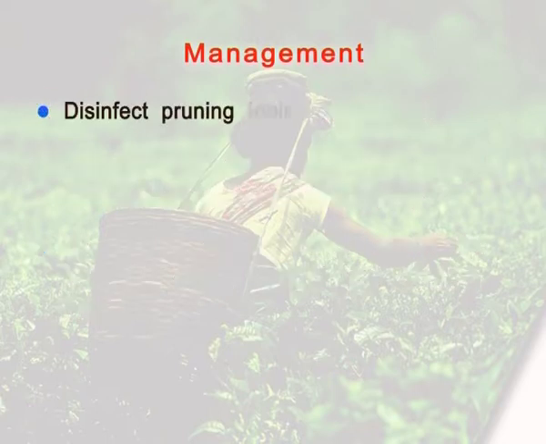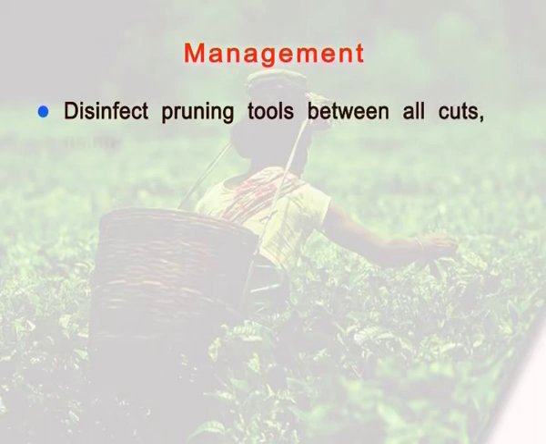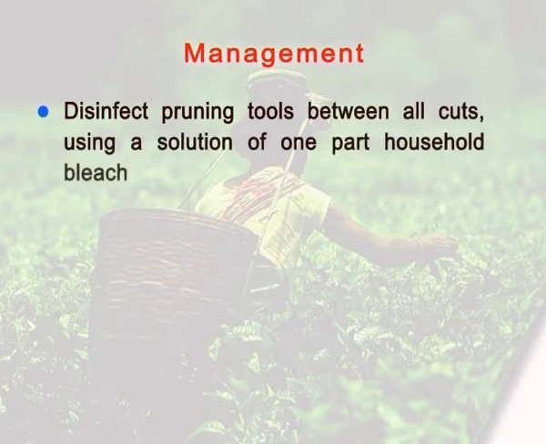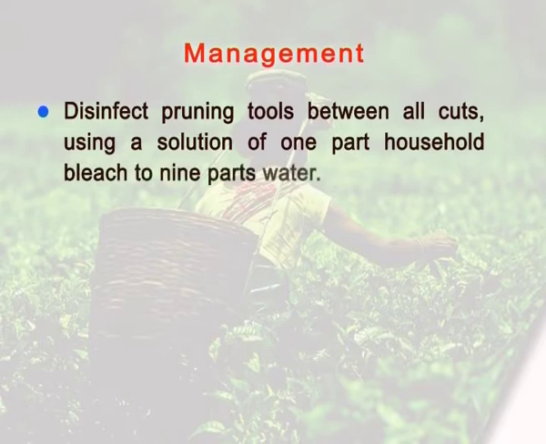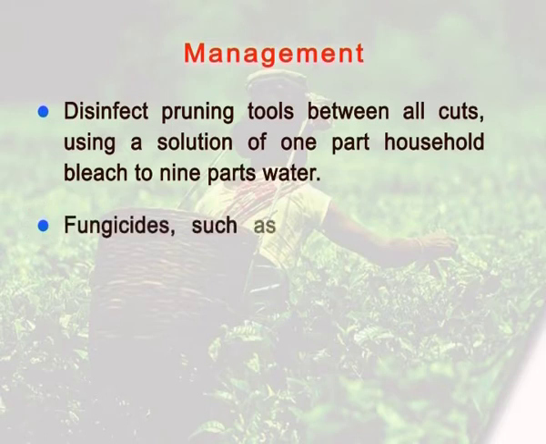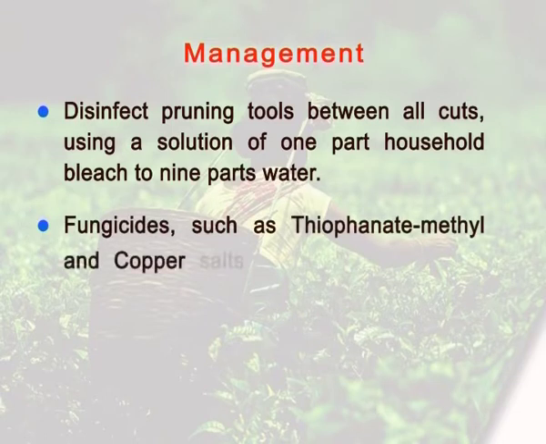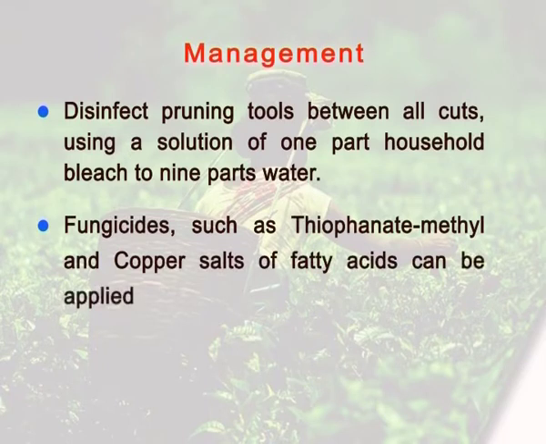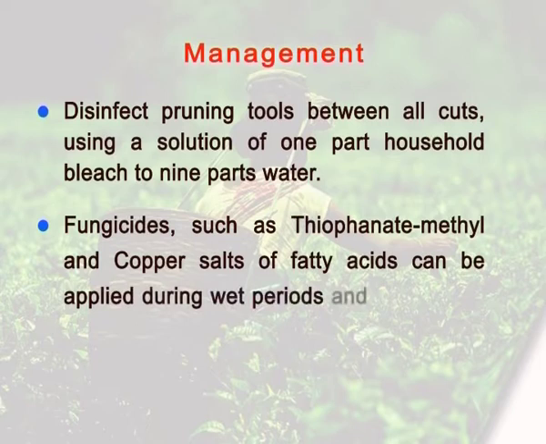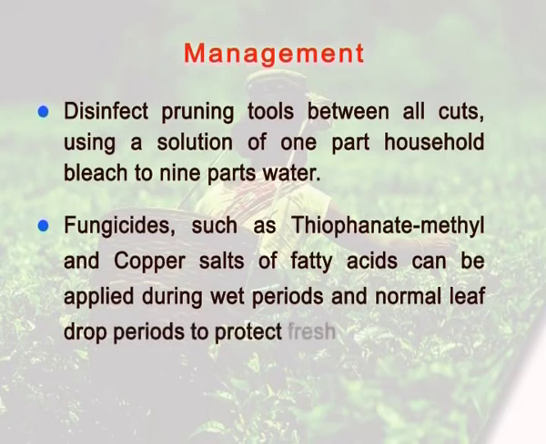Disinfect pruning tools between all cuts using a solution of 1 part household bleach to 9 parts water. Fungicides such as thiophanate methyl and copper salts of fatty acids can be applied during wet periods and normal leaf drop periods to protect fresh leaf scars from infection.